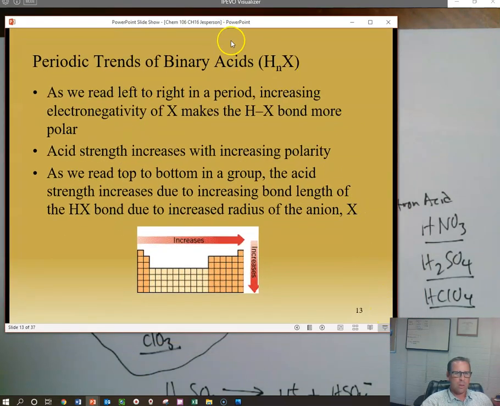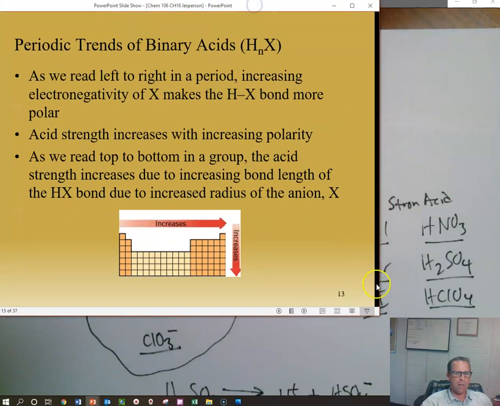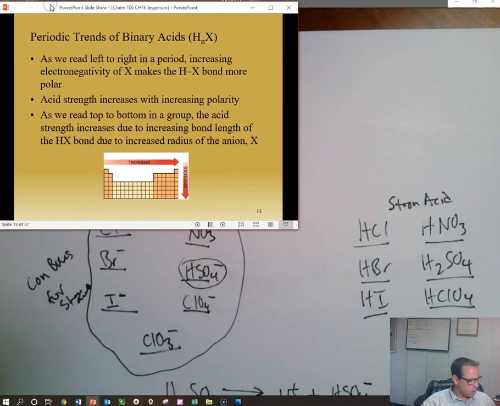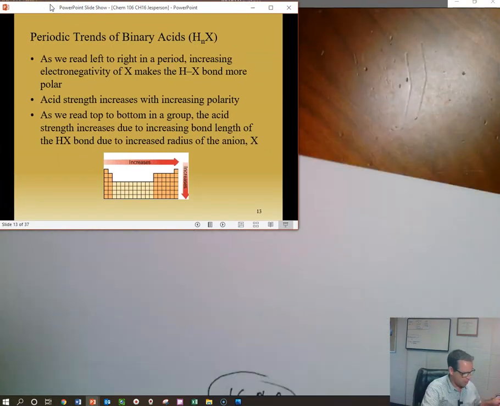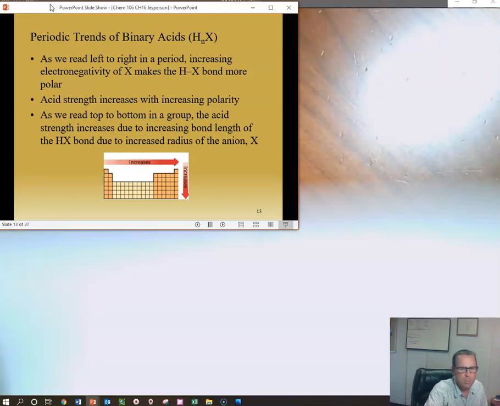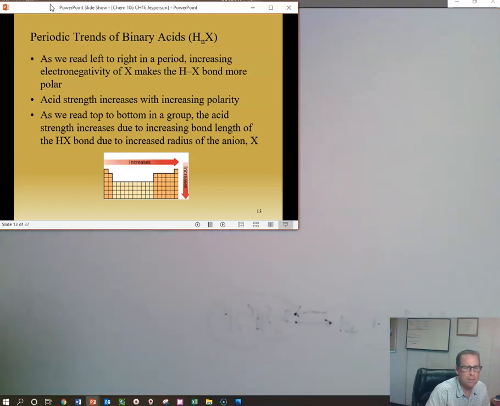Binary acids. We should probably have a little bit of a review really quick on what a binary acid is. Don't you think? Some people out there probably can't remember. Do you guys remember what the other kind of acid is, Brielle?